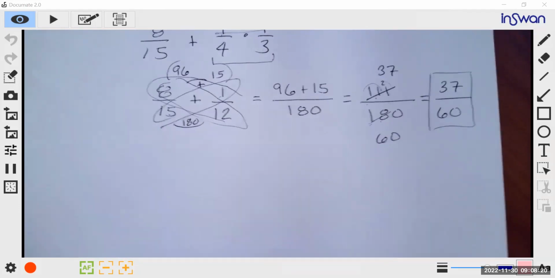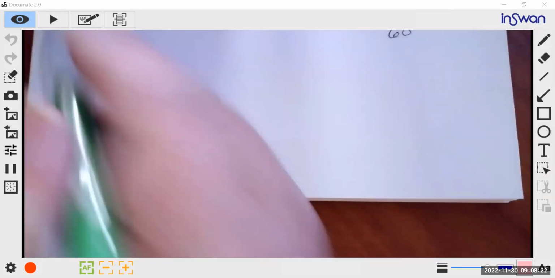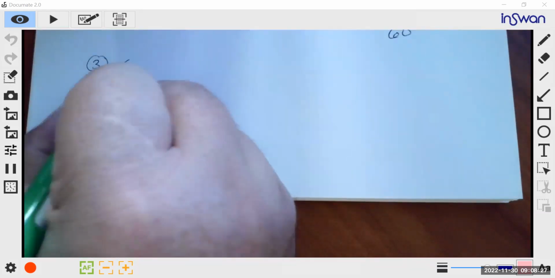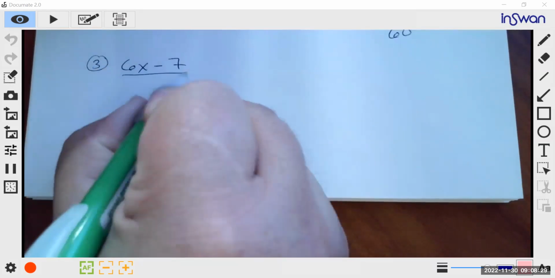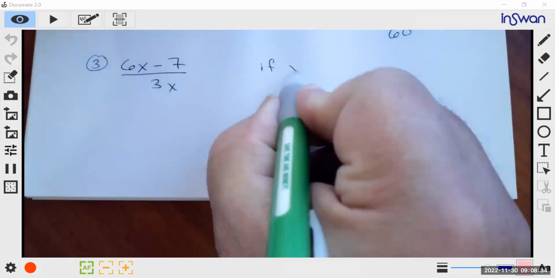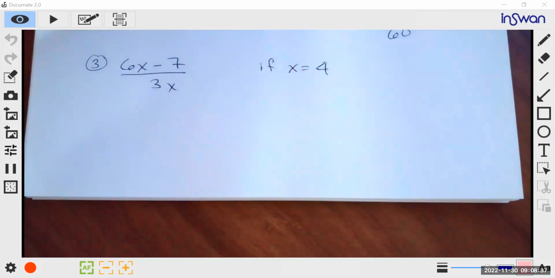Find the numerical value of the expression 6x minus 7 over 3x if x equals 4. I don't know why it's not letting me switch over.